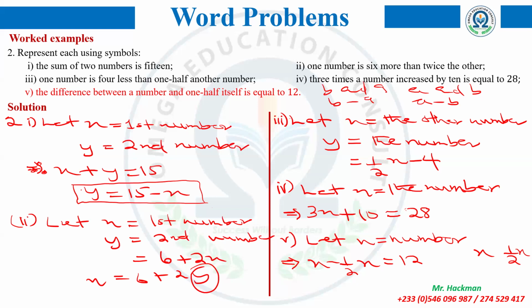So if you say 1/2 of itself, it means 1/2 of the number that you get, and the number is X. I didn't say the difference between a number and 1/2 is equal to 12. I said 1/2 itself, so 1/2 of a quantity, and that quantity is itself, and itself is what? The x. You get it? Because that's the number. Do you get it now? Yes, please.